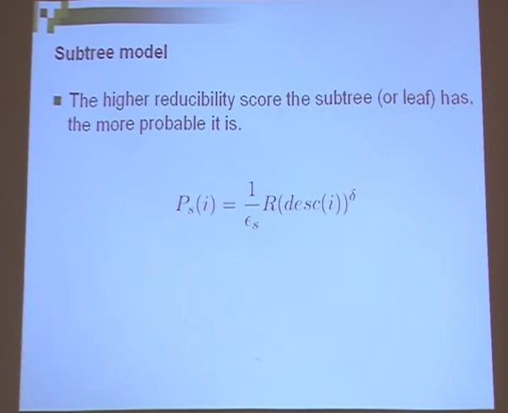The delta is the weight, and epsilon is the normalization here. So this is a very important model because it introduces the reducibility feature. And by this model, it can be easily learned that adjectives are leaves and verbs are the roots and so on.